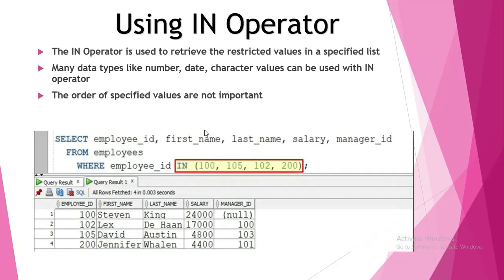Here is an example: select employee_id, first_name, last_name, salary, manager_id from employees where employee_id in (100, 105, 102, 200). Within this list we can fetch the records. This is an example for the IN operator.